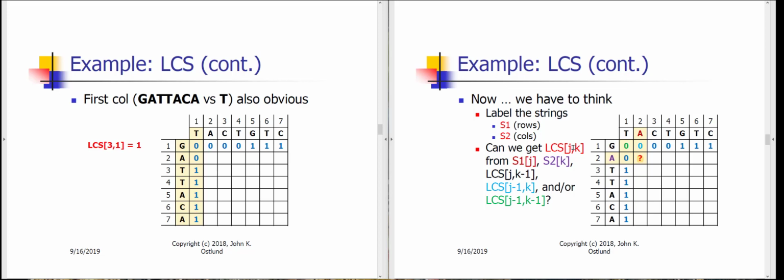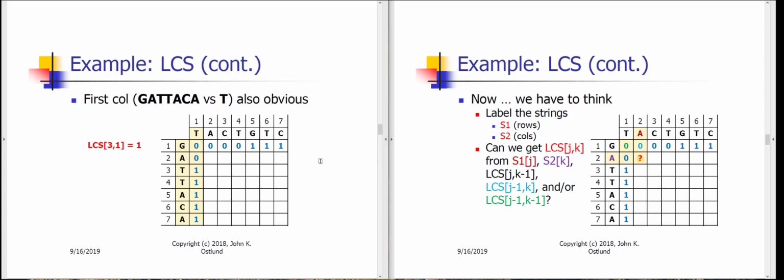We don't want to have to reevaluate a whole bunch of past knowledge in order to figure out what the longest common subsequence is up to the current cell that we're trying to fill in. Okay, so we know the letter in the row, we know the letter in the column, and we know the longest common subsequences up to the previous column, the previous row, or the previous row and column.